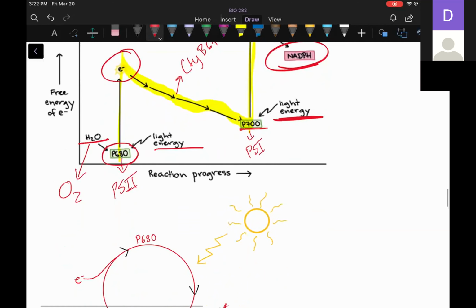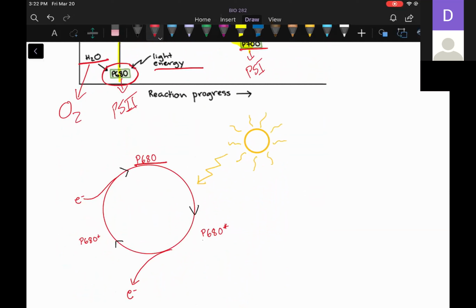So we can take a closer look at this right here. So we have our light energy. It's going to strike photosystem 2, sorry. It's going to be excited and go to P680 star, meaning it's just excited electrons. And ultimately, the electrons are going to be lost to photosystem 1.